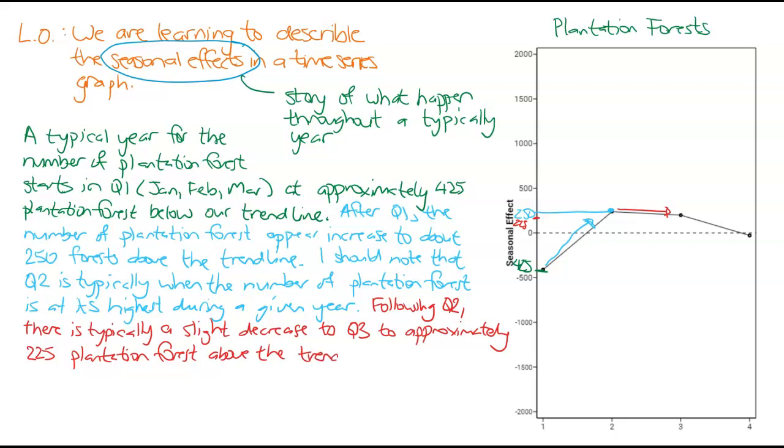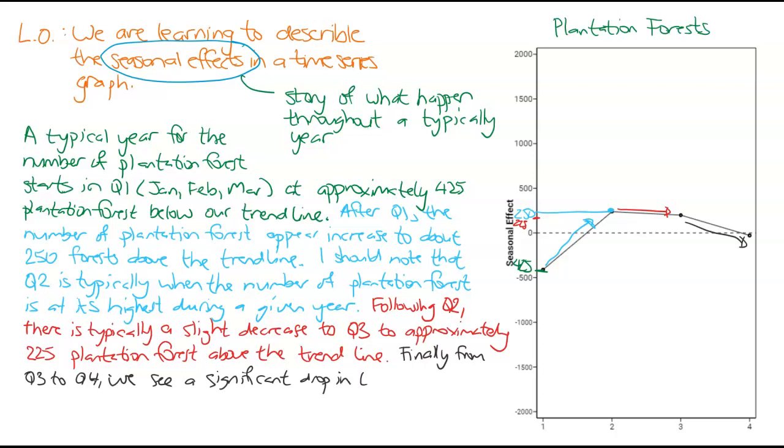Finally, we're going to finish up our story by explaining that there is a bit of a decline from quarter 3 to quarter 4. I'll make it sound a bit fancier: from quarter 3 to quarter 4, we see a significant drop in the number of forestry plantations or plantation forests.